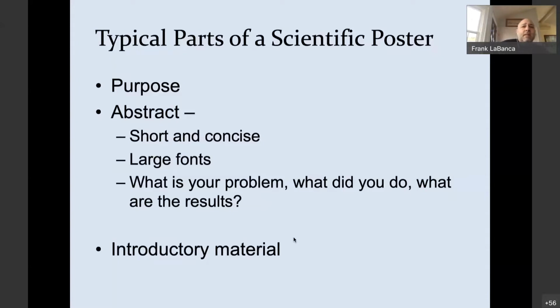So what's typical on a scientific poster? There's usually some sort of purpose, some sort of abstract that's short and concise. Make sure the font size is readable. What is your problem? What did you do? What are the results? And make sure there's some introductory material. When I talk about introductory material, you're doing some background research that takes the reader or the listener on a journey, and that journey takes you to this aha moment.